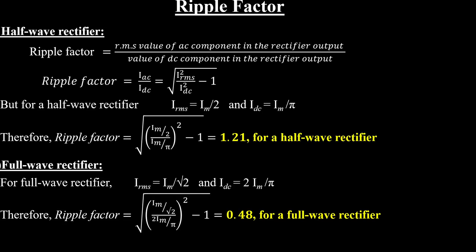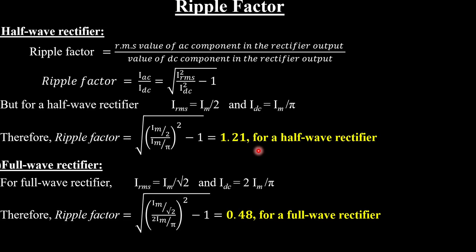So remember that smaller values of ripple factor mean lesser AC component in the rectifier output. If the AC component in the rectifier output is lesser, then it means that the rectifier is more effective.